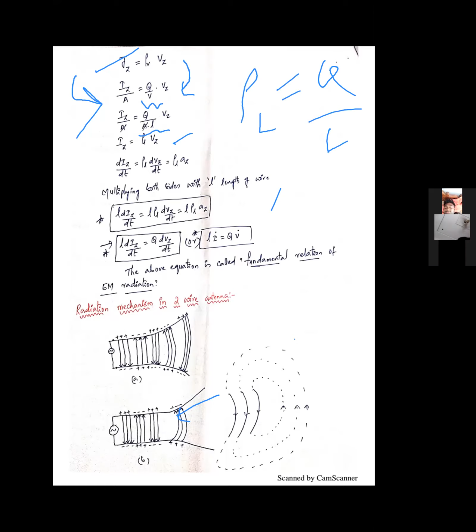But just now we said that for radiation to exist, the current should be time varying. Hence, I am taking d by dt on both sides. Now, d by dt of Iz is equal to rho L dVz by dt. Now, rate of change of velocity is called acceleration, which I have represented as Az. You can see it here.